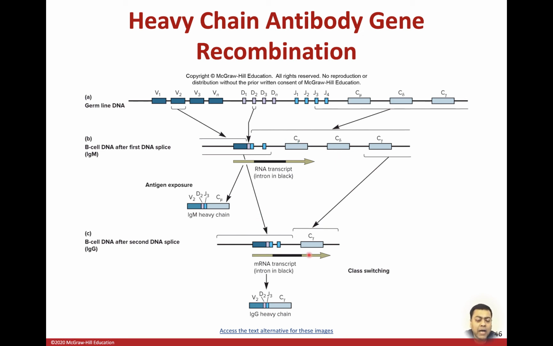Depending upon what type of C is joining with the variable region, either mu or delta or gamma, that determines what kind of antibody it will be. So C gamma gives a specific type, C delta a specific type, C mu another. That is called class switching. So that is very important.